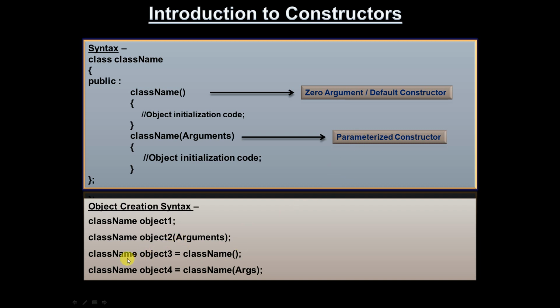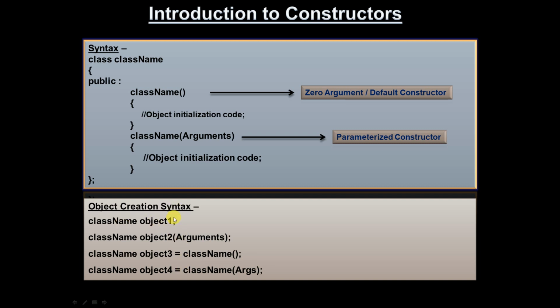Then again, you can write the first two steps like this also: class name object 3 equals class name. Here also it will call the zero argument constructor. Here it will call the parameterized constructor, class name object 4. So for constructor calling, you can create the objects like this or like this; both are valid.